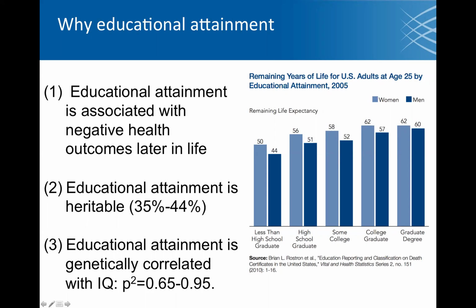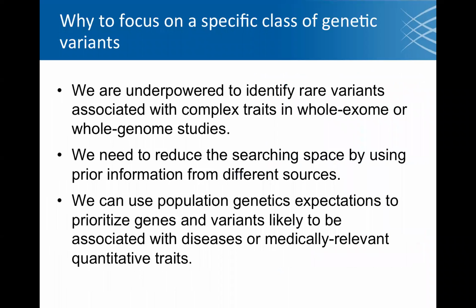And IQ is a nice phenotype, but it's really difficult to collect on a large scale because it's a relatively complex measure to assess. While educational attainment is considerably easy to obtain, especially in large epidemiological cohorts. So educational attainment is really an interesting phenotype to study.